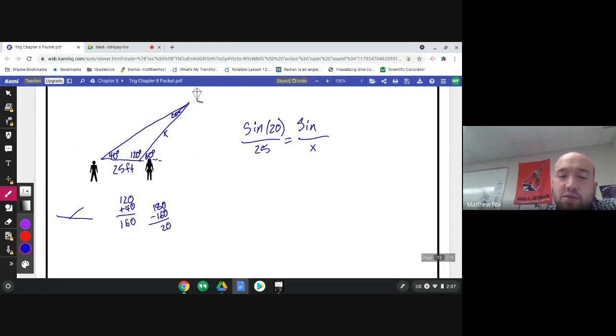The x will be on the bottom. So opposite of x will be this 40. So the sine of 40. Now we cross multiply. We divide by the sine of 20.